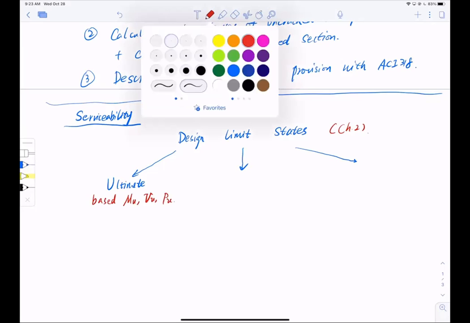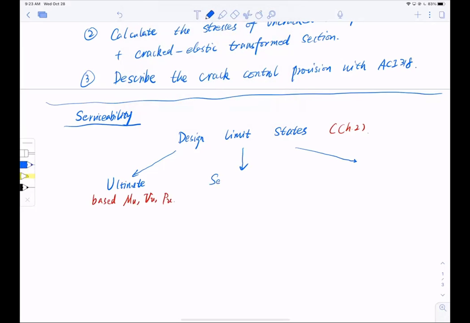And then serviceability, which is what we're going to talk about today. And this is at the service load. Service load means it's not yet so much that it's going to break your structure, but it's sustainable, right? Some loading you have to consider. And then last but not least is special loading.